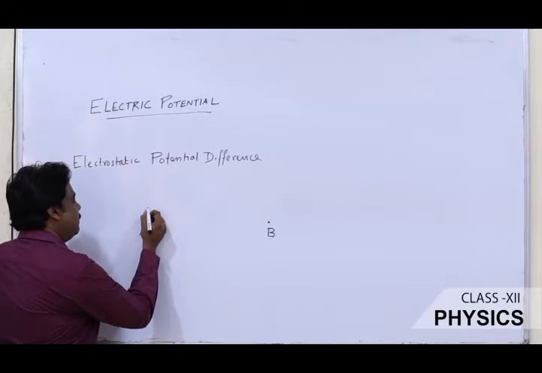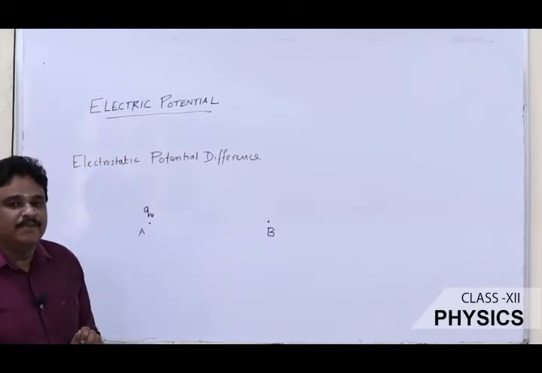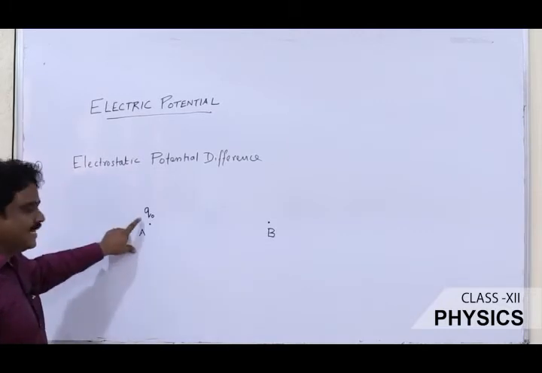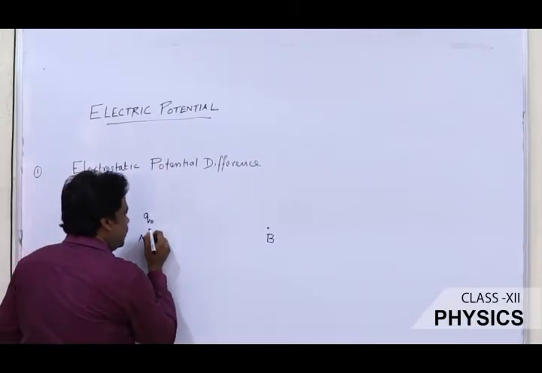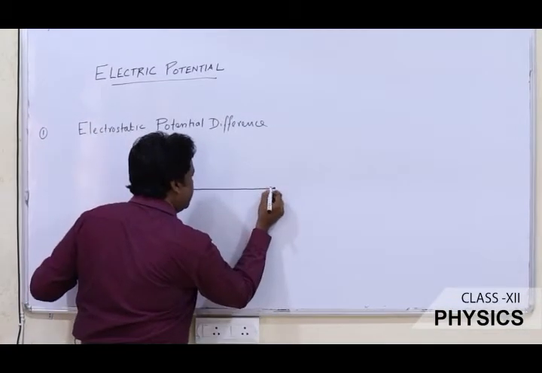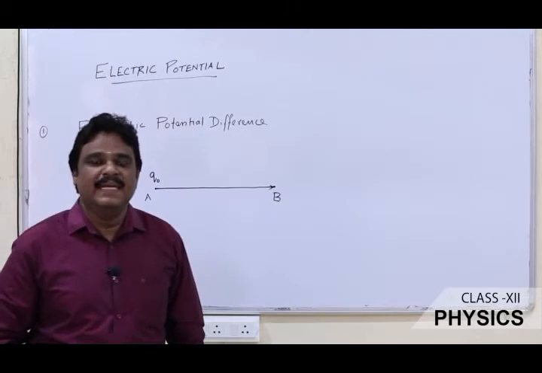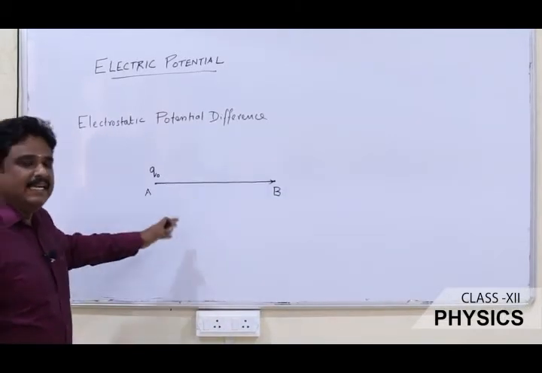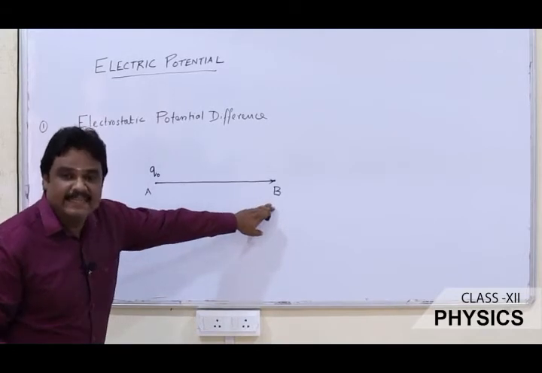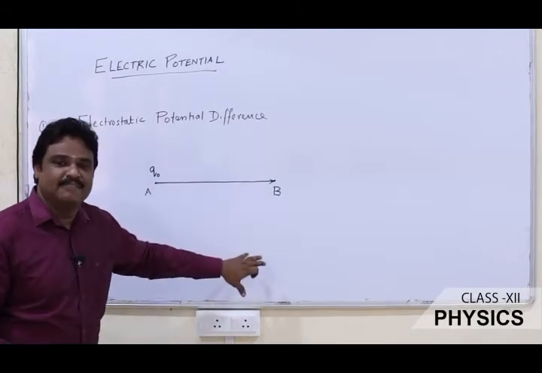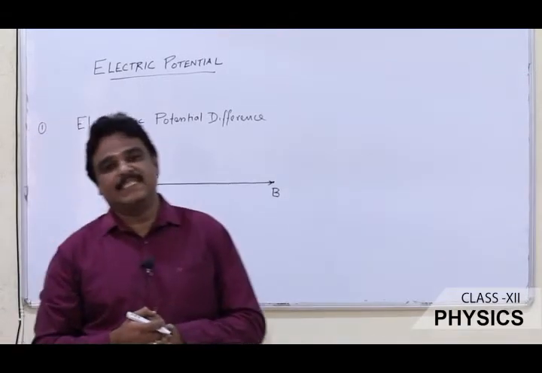Now I am going to keep a test charge Q0, obviously a unit positive test charge, and place it at A. If I move this test charge from A to B, the work done in moving it from one point to another against the electrostatic force due to the electric field is termed the electrostatic potential difference.